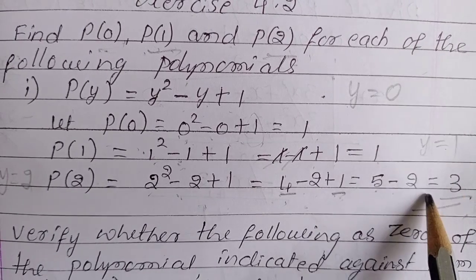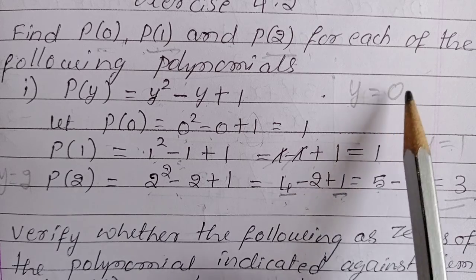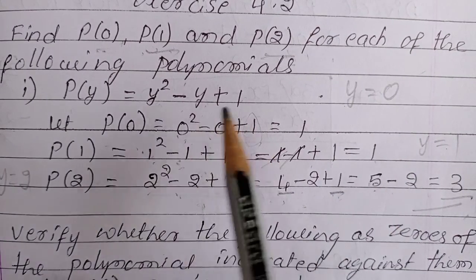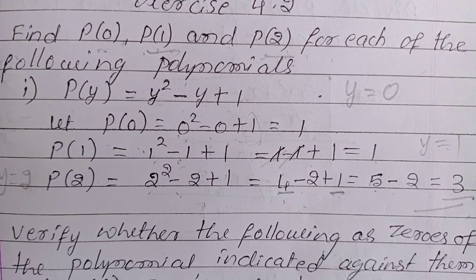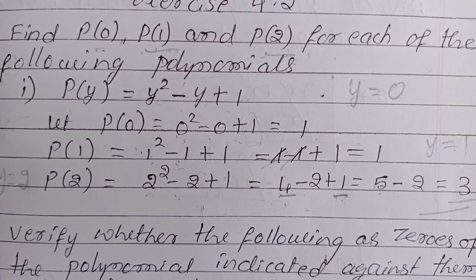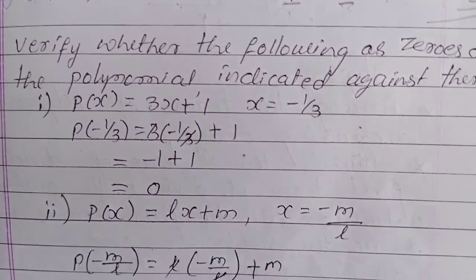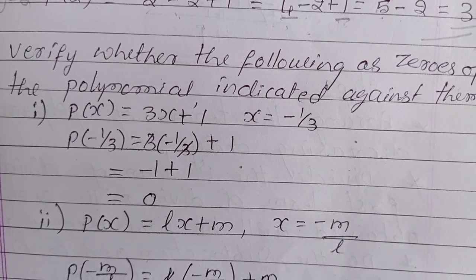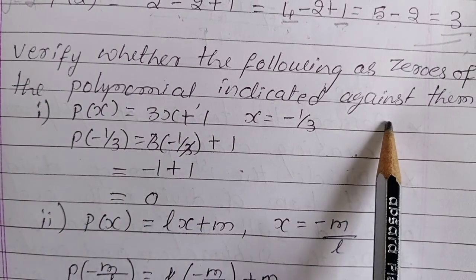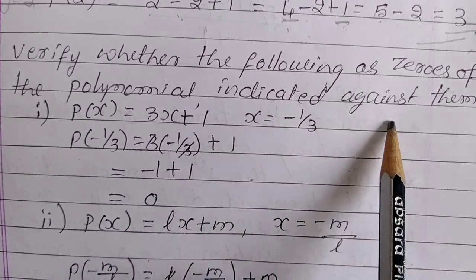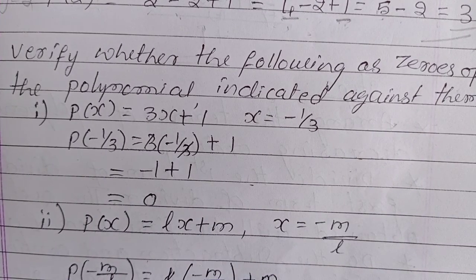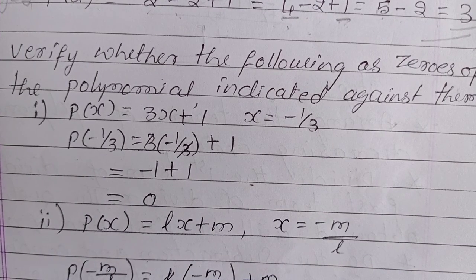Now, here we can see all these three values are not zeros of this polynomial. Clear? Now, let us move to the next problem of the exercise. The one more type of problems you will be having is to verify whether the zeros of the polynomial indicated against them are true or false. Okay.